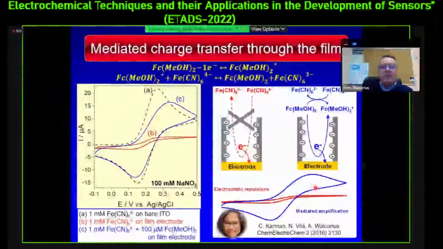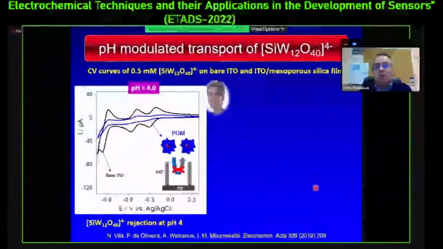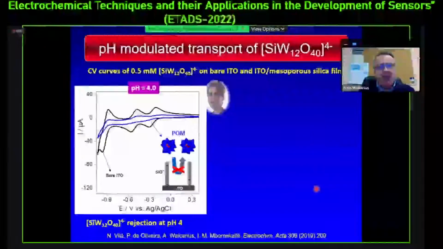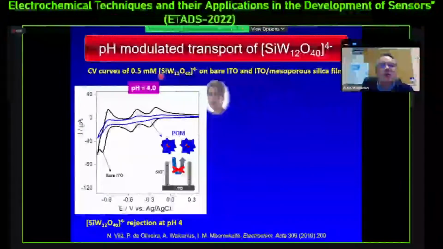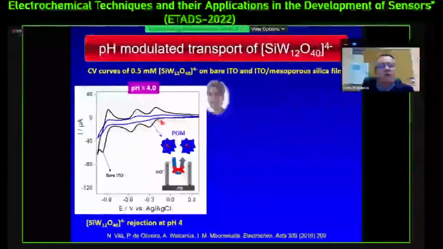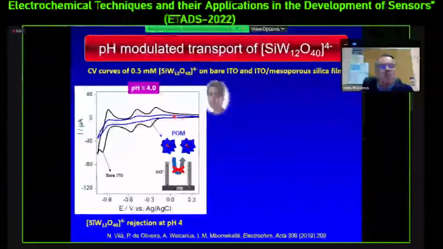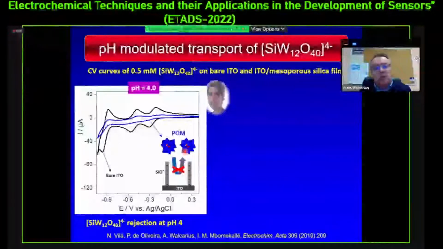So you can play with the ionic strength, you can use the mediator, and the last parameter, you can also play with pH. Here I illustrate the case of a bulky polyanion, which is a polyoxometallate. If you work at pH 4, for instance, the response of the polyoxometallate on the film electrode is much smaller than on the bare electrode because of the electrostatic repulsion I told you about before.